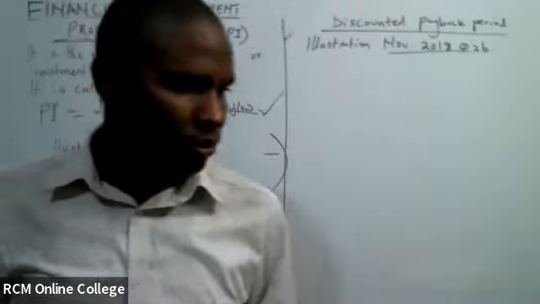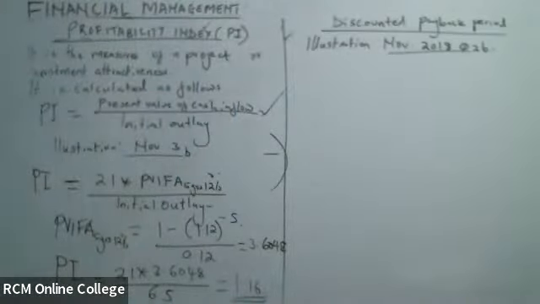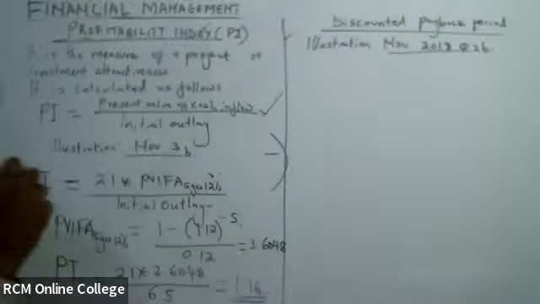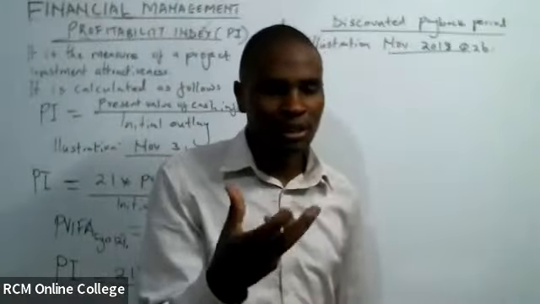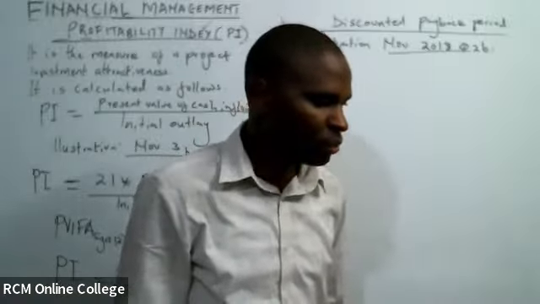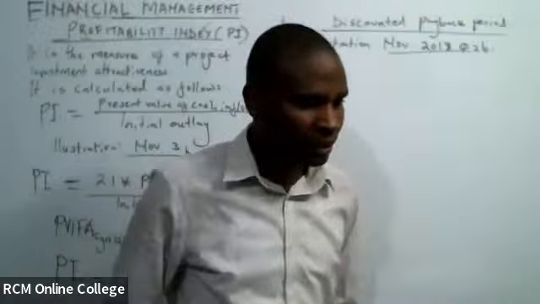The period that it takes, that is just like the earlier one. The only thing here is that now we are discounting. We are recognizing what? The time value of money.